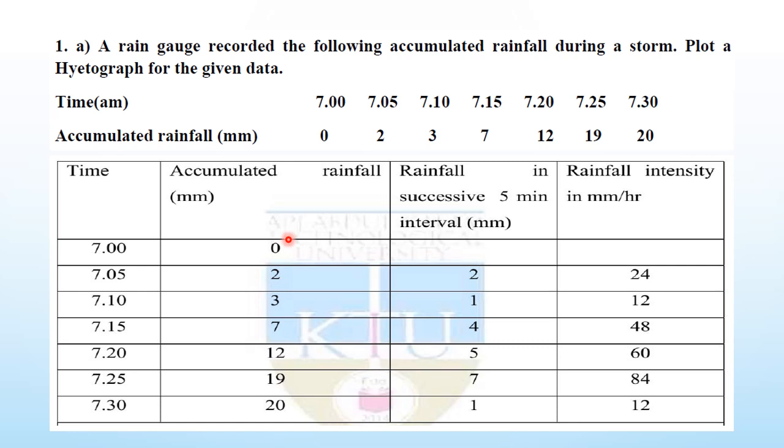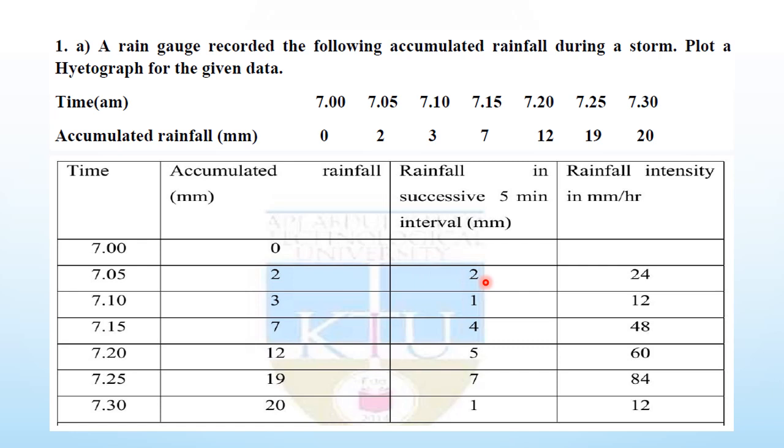That is 2 minus 0, that is 2, 3 minus 2, that is 1, 7 minus 3, that is 4, 12 minus 7, that is 5, 19 minus 12, that is 7, 20 minus 19, that is 1. So this is the rainfall that happened in every 5 minutes. And to convert that to mm per hour, you divide by the hour.